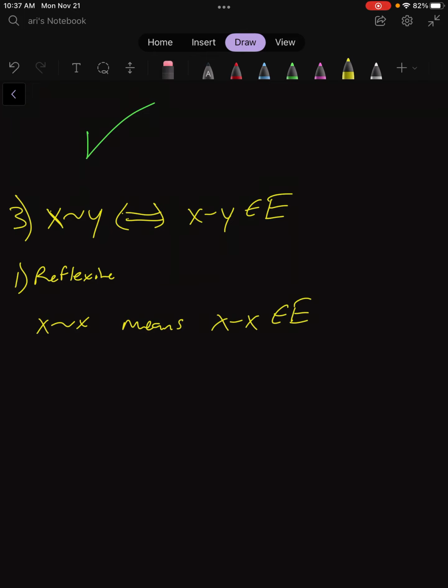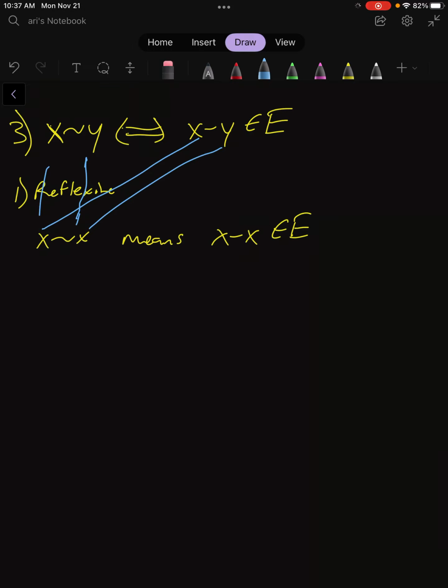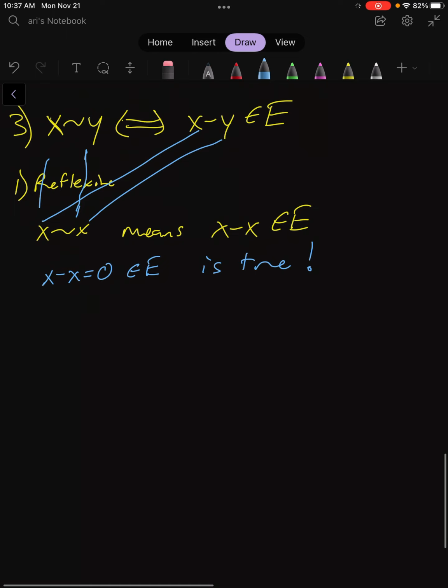I'm just substituting: this x goes here, that x goes there, and I have x minus x is even. And x minus x equals 0, which is always even, so this is true.